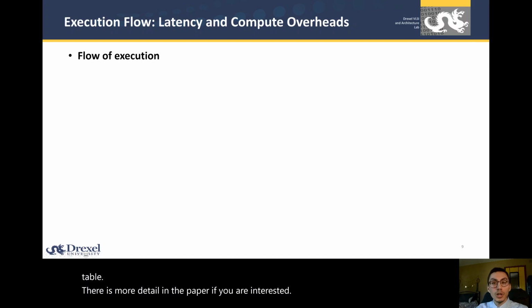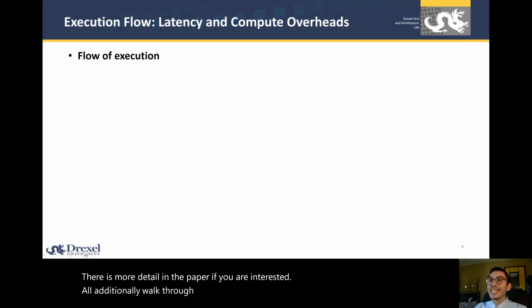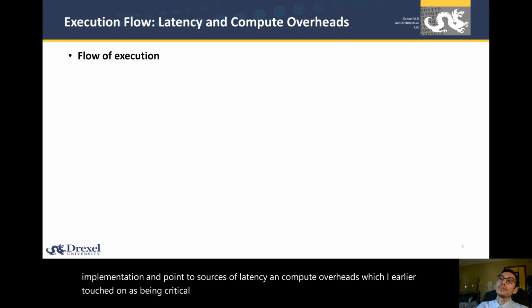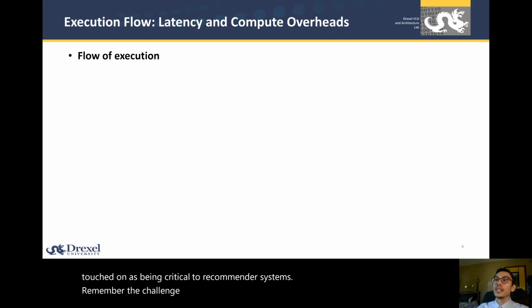I'll additionally walk through an inference request here to give a more concrete view on the implementation and point to sources of latency and compute overheads, which I earlier touched on as being critical to recommender systems. Remember, the challenge we have is balancing these three constraints of latency, compute, and capacity here.